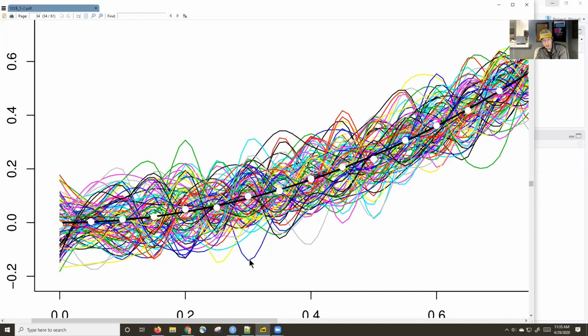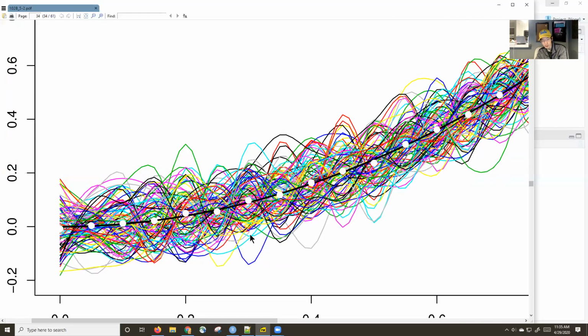Like if you look at this point, this dark blue line predicted a super low value, and this light blue line predicted a super high value. But if you take the average of all of the values from here to here, they all kind of balance each other out, and you get this white dot. So these white dots represent the average of all of our predicted values.